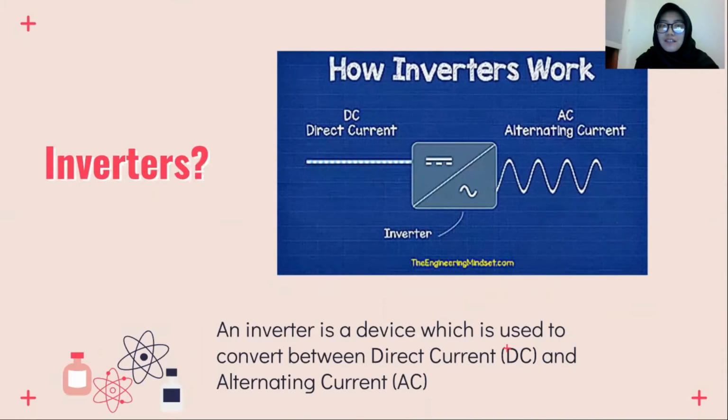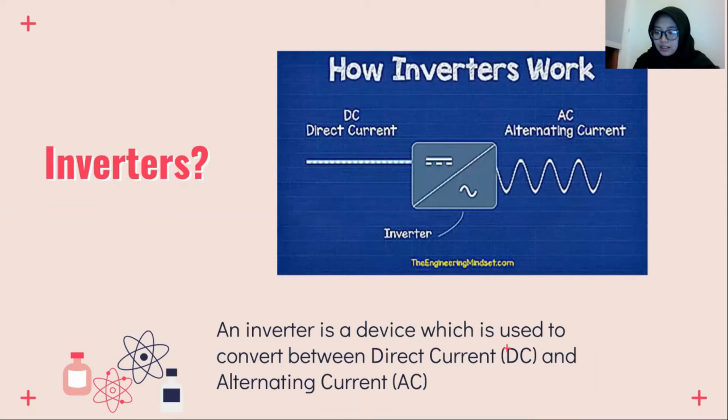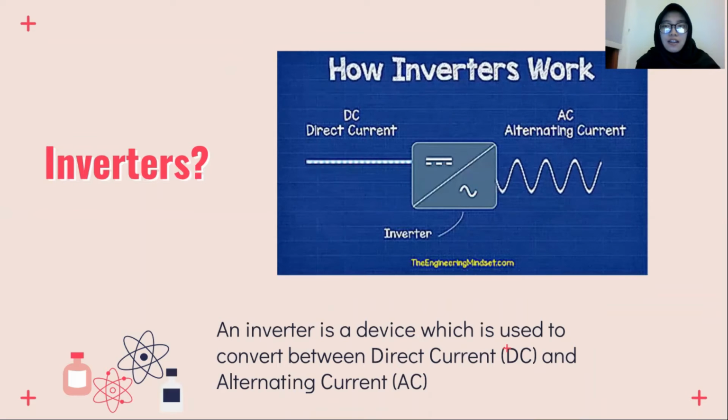And what is an inverter? As we know, electrical power has two different types, such as direct current or DC and also alternating current or AC, and both types of power have their use and limitation, so we often need to convert between the two to maximize their use, and we can use inverters. An inverter is a device which is used to convert between direct current and alternating current.